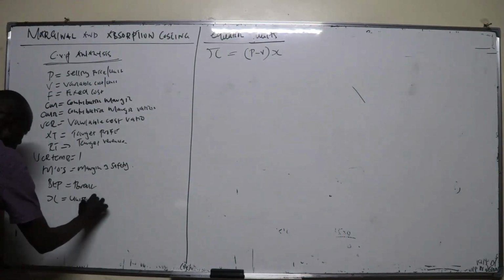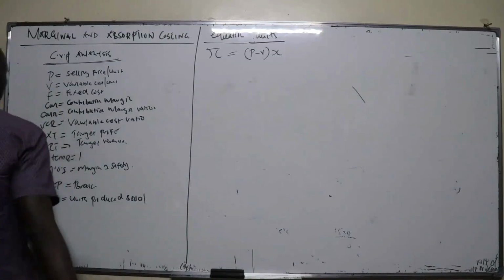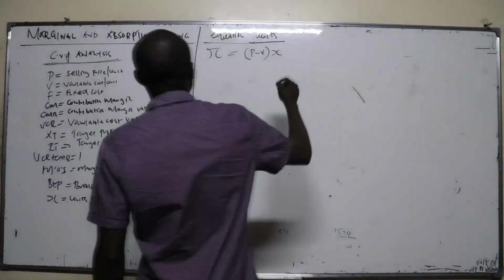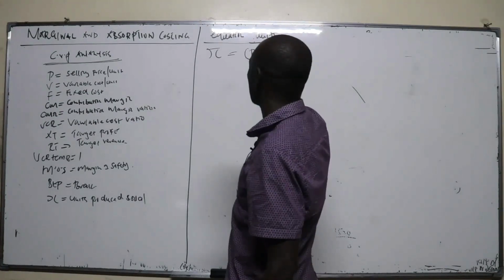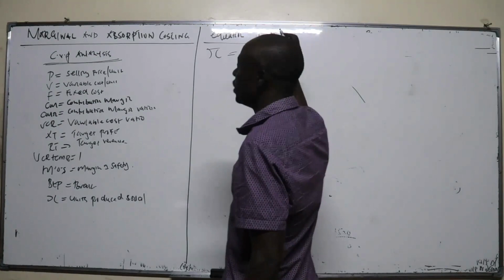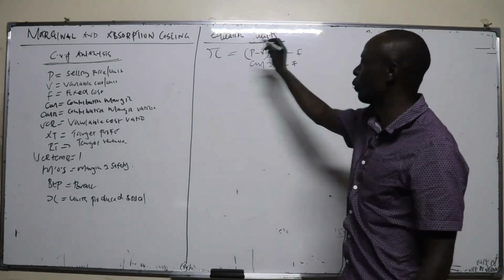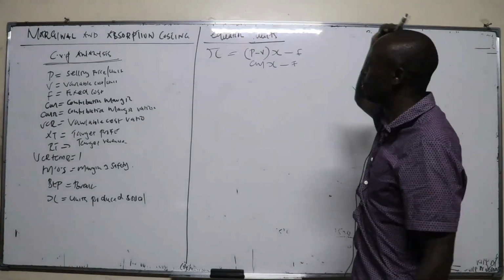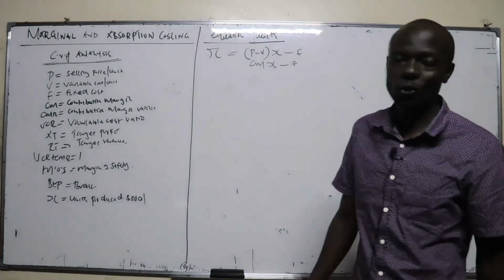Then minus F. P minus V is the same as contribution margin. So you multiply the contribution margin by the units produced and sold, you minus fixed cost, you get the profit. So every time the question asks you about the profit, this formula must come into your mind.